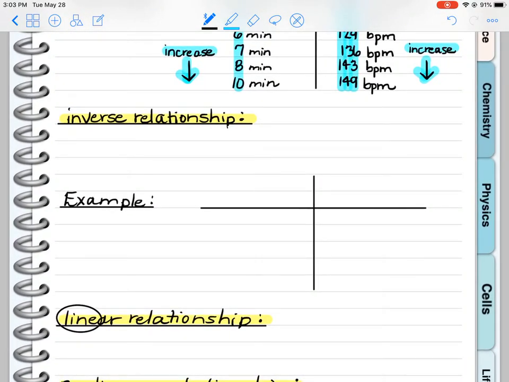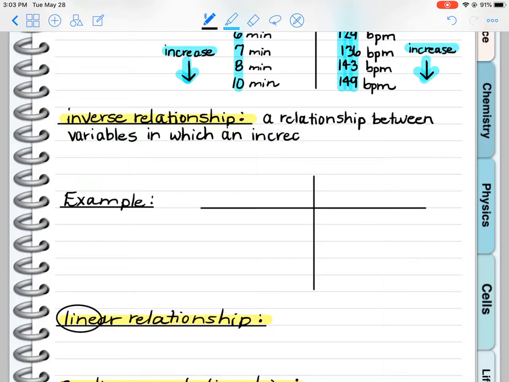An inverse relationship is a relationship between variables in which an increase or decrease in one variable causes the opposite effect in the other variable.